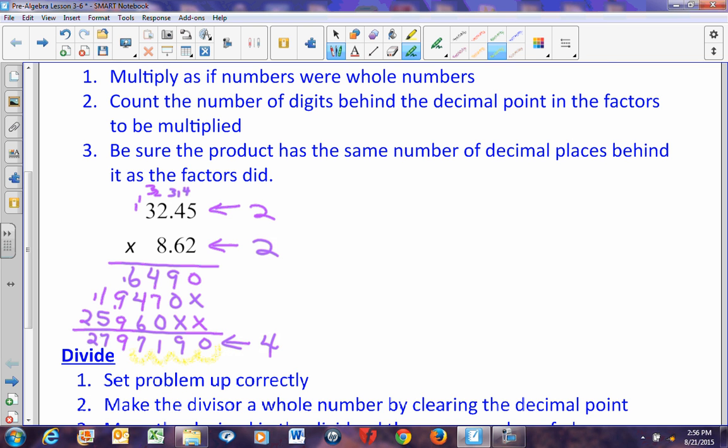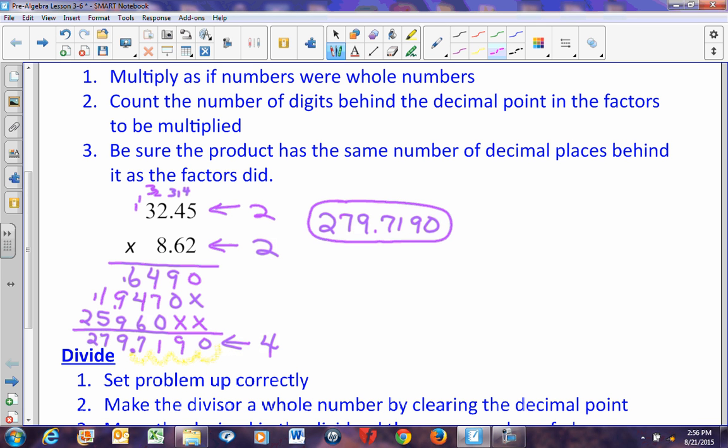My decimal point should go between my 9 and my 7. So it should be 279.7190. I can leave the 0 on the end, or I don't have to. I just make sure the product has the same number of decimal places as the factors together. If you want to make sure it has those 4 decimal places, you can leave that 0 in there.